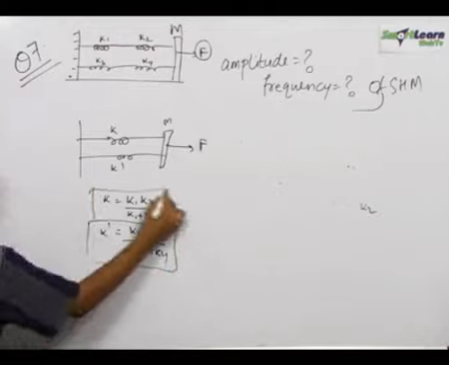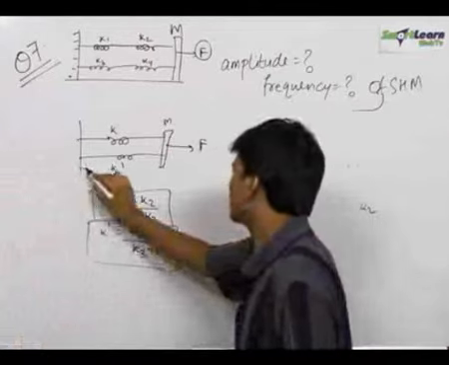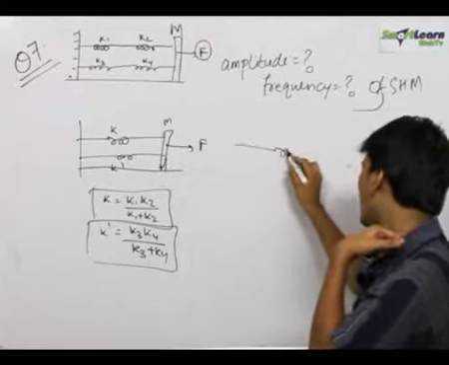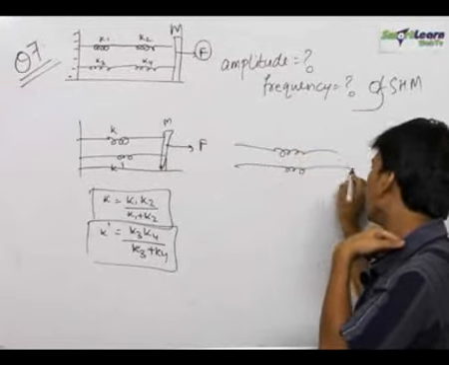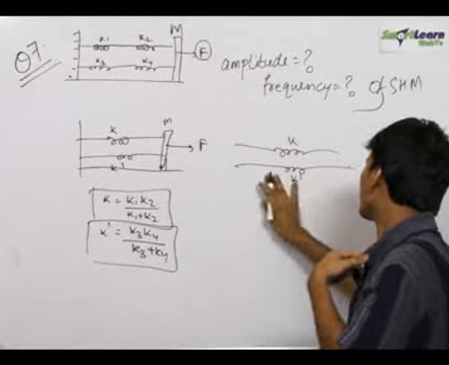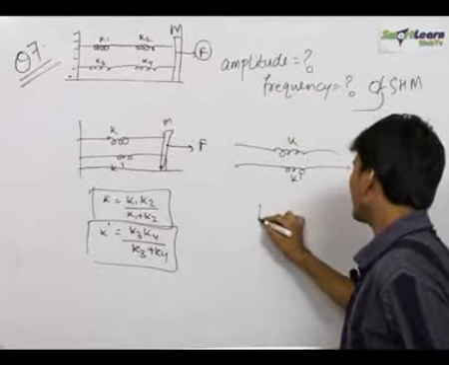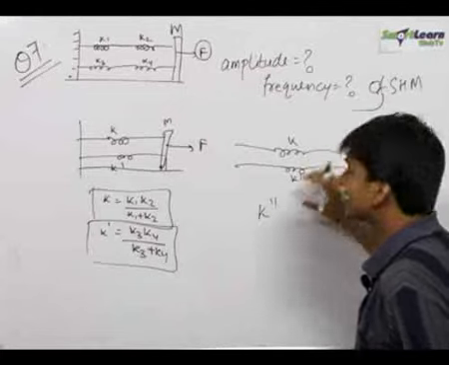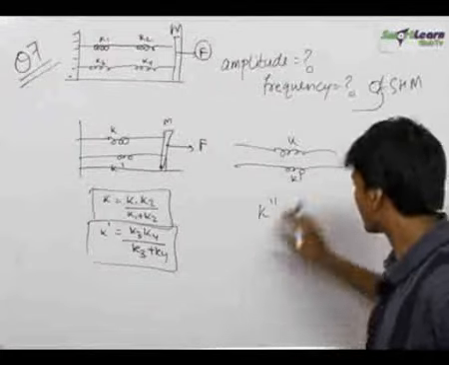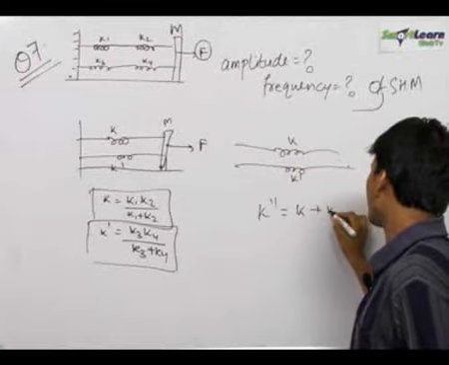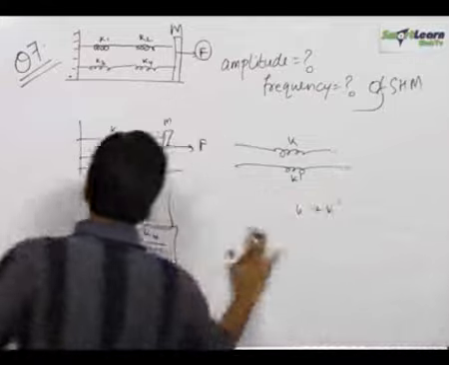These are the resultant spring constants which can be replaced here. Now, whenever the springs are in parallel, we apply the formula for combination of resistances in series. So again, the resultant spring constant, one single spring which can replace these 2 springs, is equal to K plus K dash.